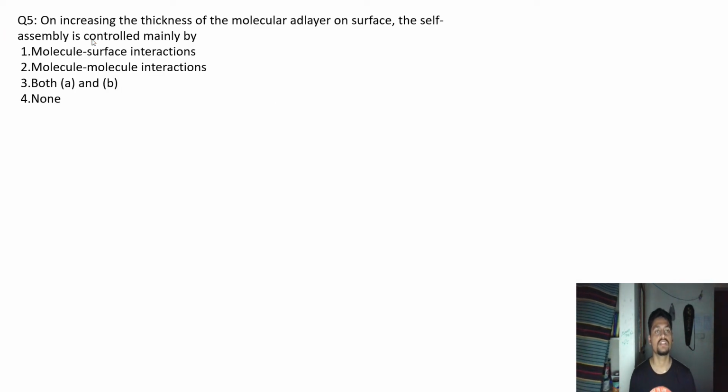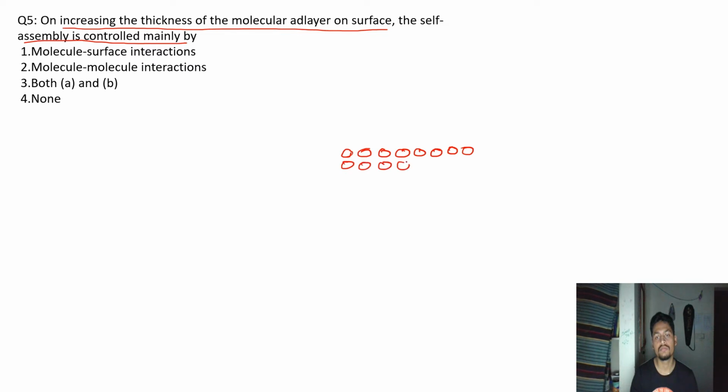So go to the next question, question number 5. On increasing the thickness of the molecular add layer on a surface, the self-assembly is controlled mainly by... We already discussed this, but let's discuss it again. Let's say this is the surface. Let me change the color.